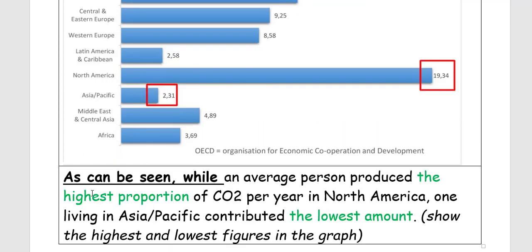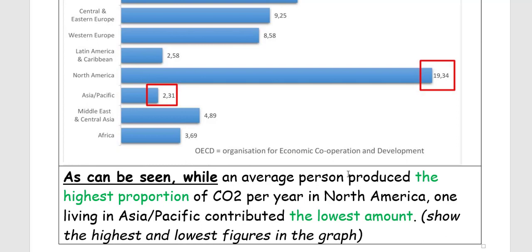So you can write as can be seen or overall, and these phrases basically mean that you're talking about very, very generally. So when you compare the largest and the highest and the lowest figures, use the phrase while. Okay, so while or whilst.